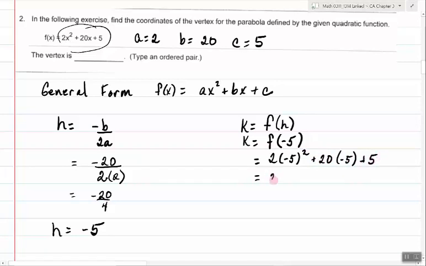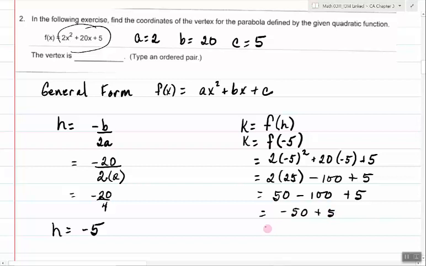That is 2 times 25. Order of operations says do your exponents first. Positive 20 times negative 5 is negative 100 plus 5. That's 50 minus 100 plus 5. That gives me negative 50 plus 5, which is negative 45.